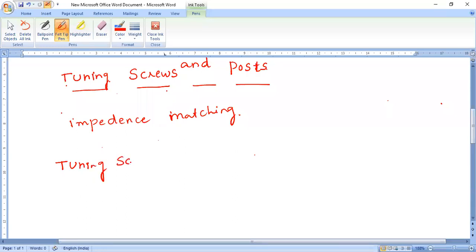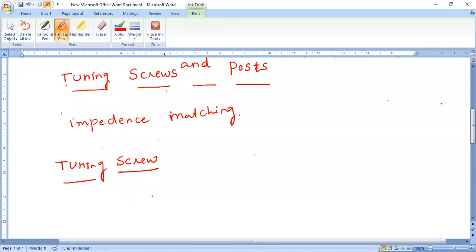What is a screw? I think all of you have seen a screw. It's a metallic threaded rod. When it is inserted inside a rectangular waveguide, either from the top or from the bottom, parallel to the electric field lines, it can give a variable amount of susceptance. So what is the meaning of this statement?